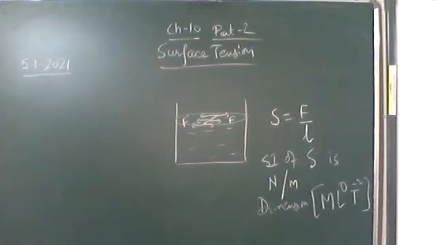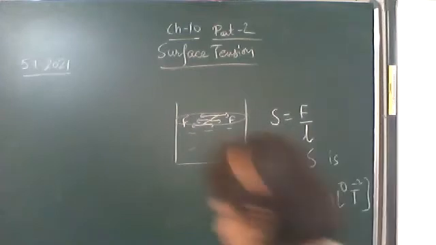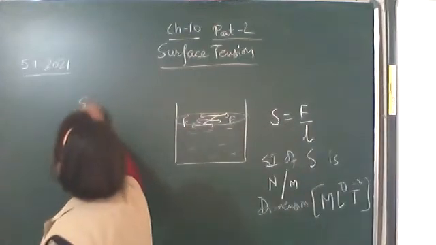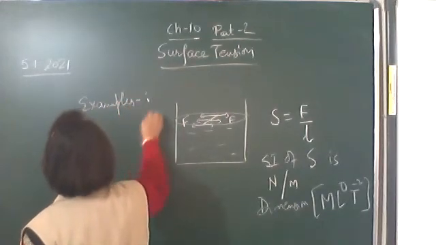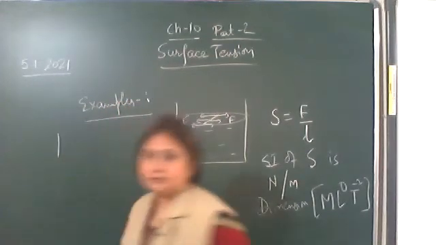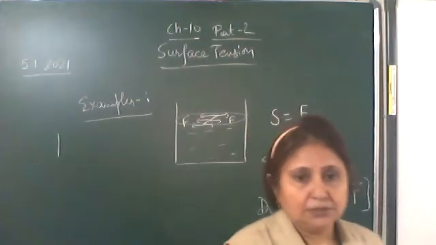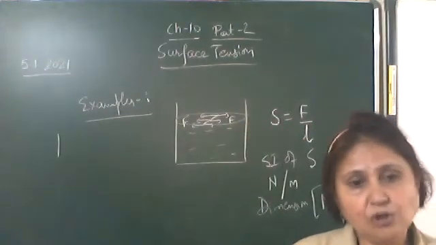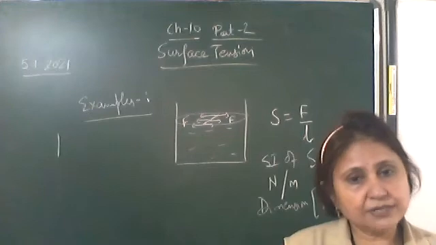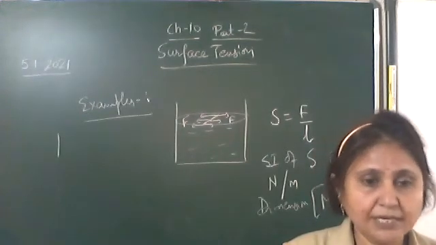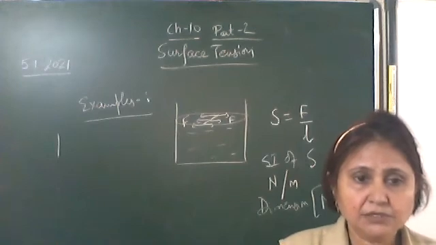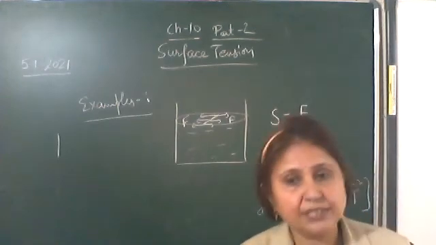Now we'll discuss a few examples or illustrations of surface tension. So write down, examples of surface tension. A small liquid drop will try to attain a minimum surface area, so it will acquire a spherical shape.